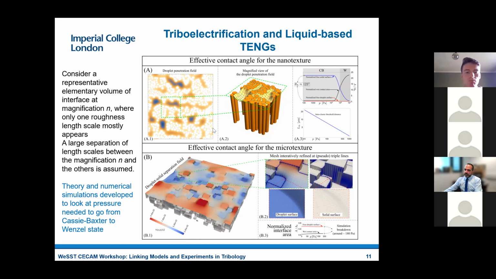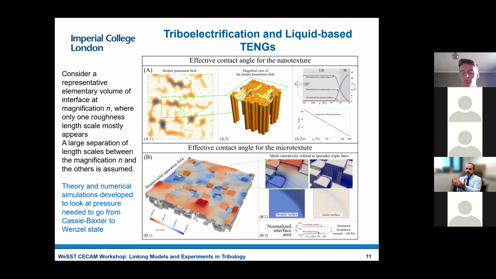Now, if you look down at the microstructure, these are the cuboids I was talking to you about before. Again, here you want to capture how much energy there is to pin the water surface over the unwetted surface. And for this, you can do quite a lot of very complex finite element minimization of the energy.